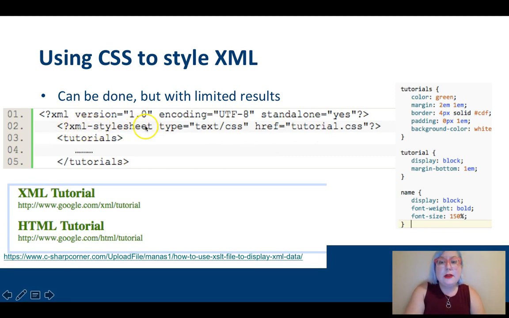Again, this is your XML style sheet, and in this case, the type is text/CSS, and then you have the link to the actual file, which in this case is tutorial.css. Then you can see over here on the right-hand side that we have our CSS syntax, and down here in the bottom left, this is what our browser window would display to us when we apply that CSS to the original XML file that I showed you.